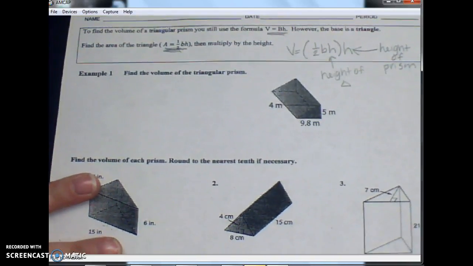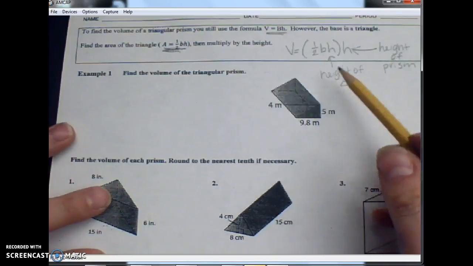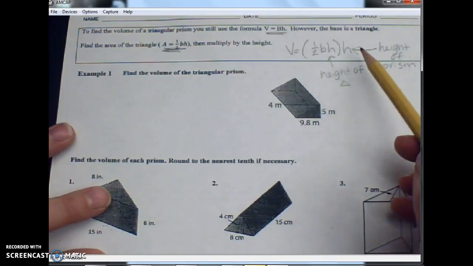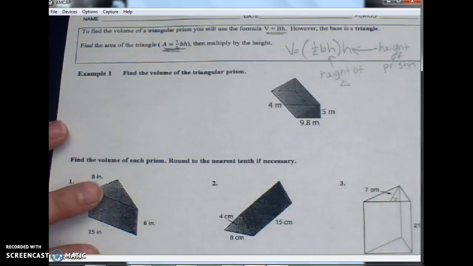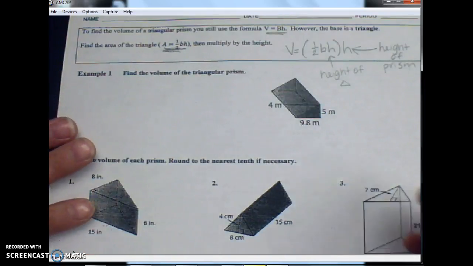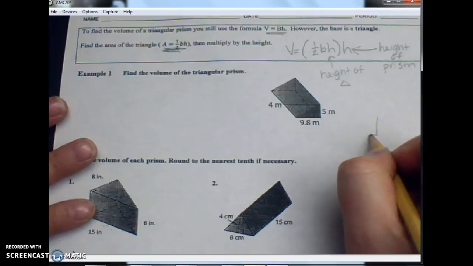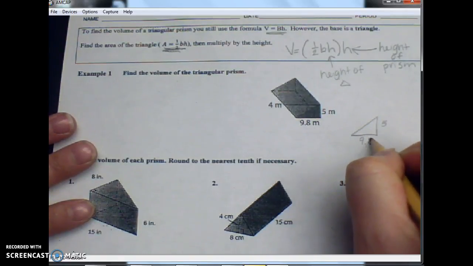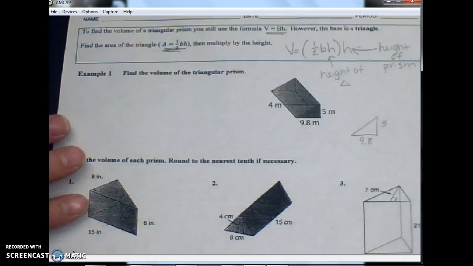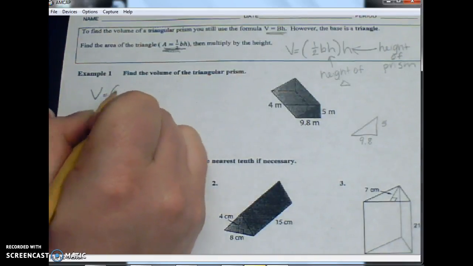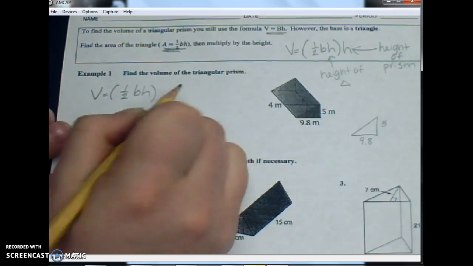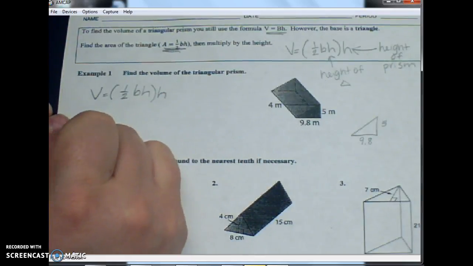Now we're going to look at the volume of a triangular prism. We're going to find the area of the triangle times the height of the prism. I'm going to take my triangle and go out to the side and draw that triangle. It's 5 and 9.8. I'm going to take my formula: the area of my triangle times the height of the prism.